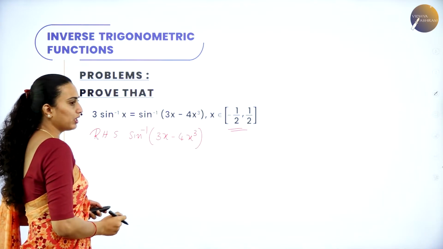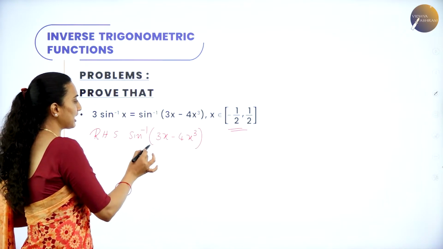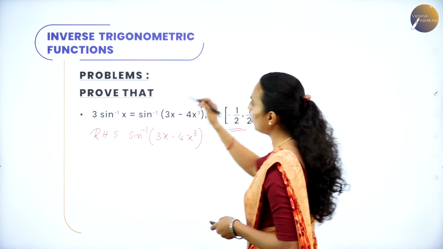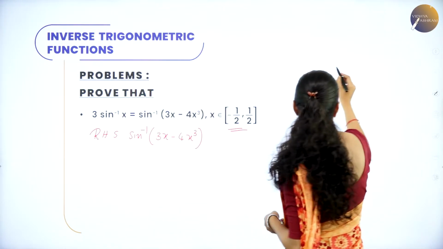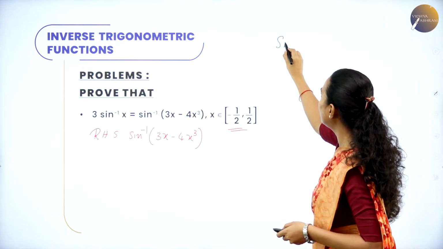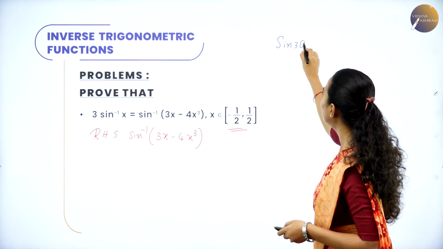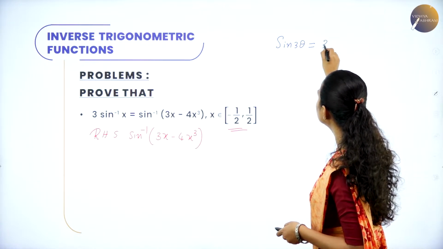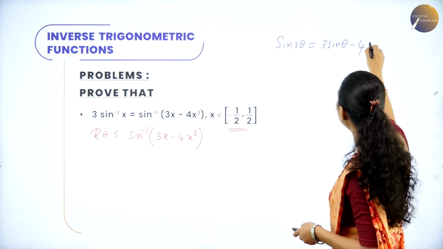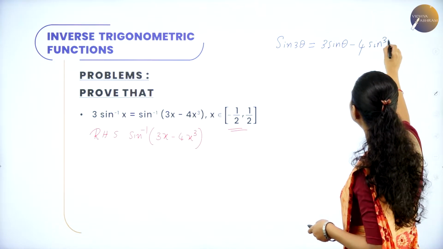Now here you can observe it is nothing but sine 3 theta form. What is sine 3 theta? Here I am going to write the formula. Sine 3 theta is nothing but 3 sine theta minus 4 sine cube theta.